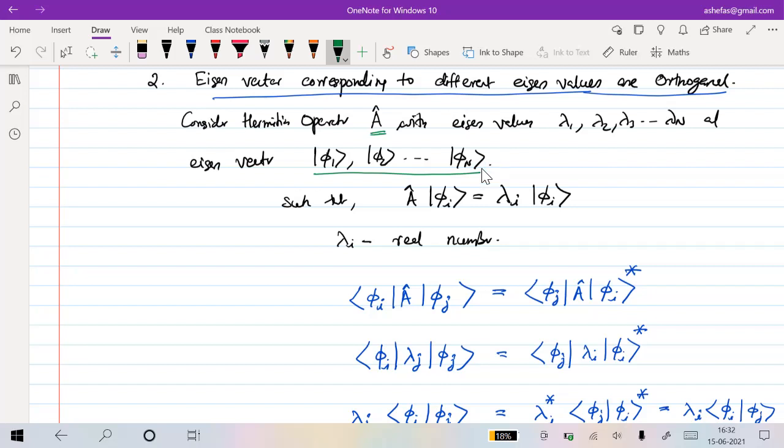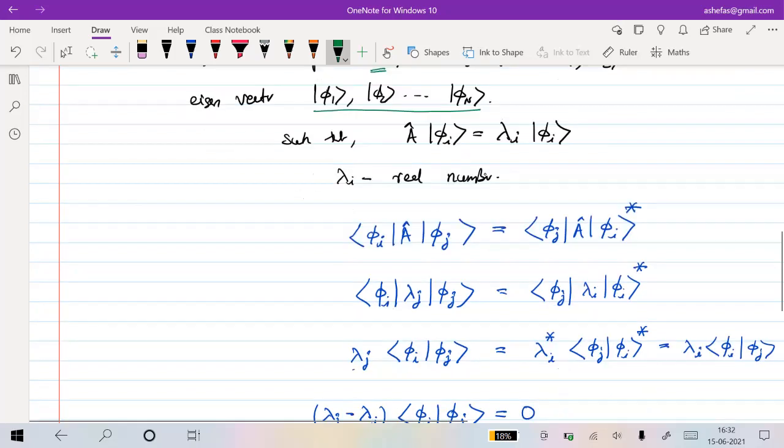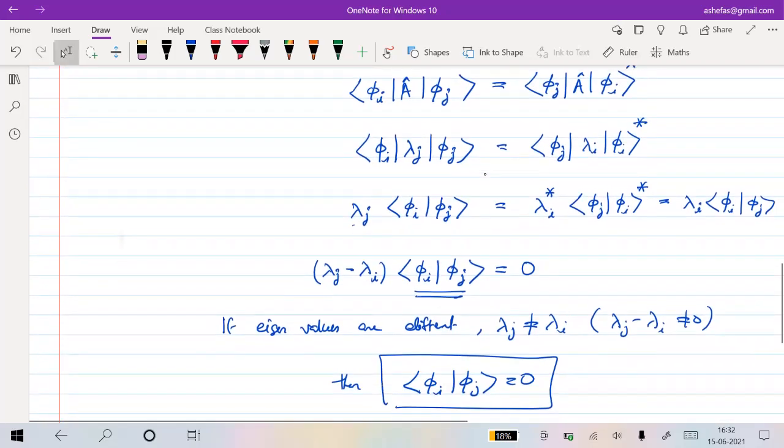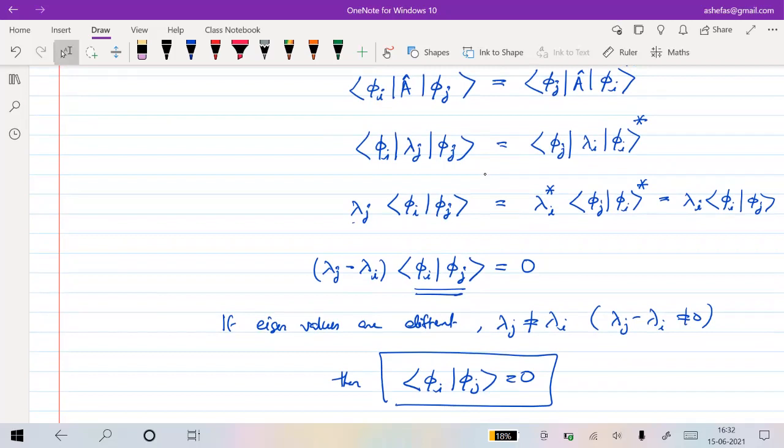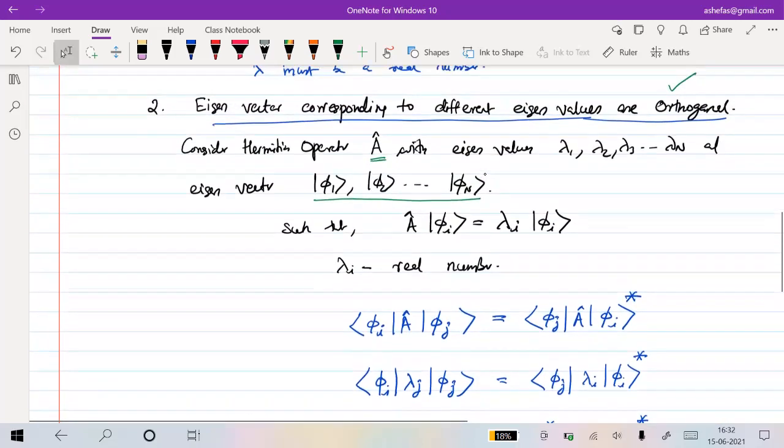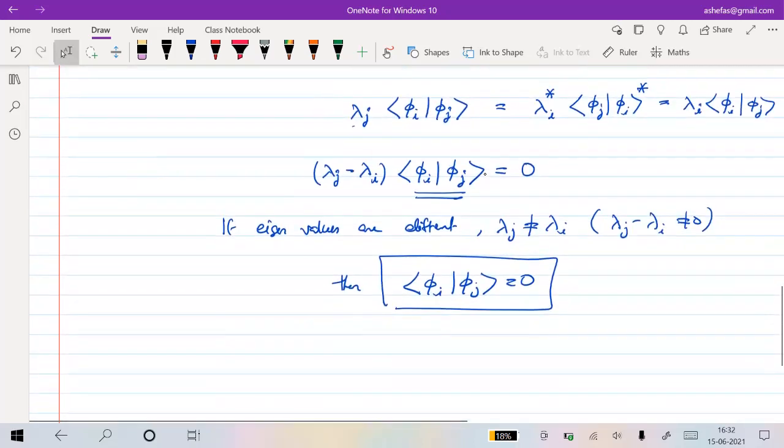So phi 1 would be orthogonal to phi 2, phi 2 would be orthogonal to phi 3, etc. And all eigenvectors would be orthogonal to each other. So that means the set of eigenvectors of Hermitian operators is nothing but a set of linearly independent vectors. Now a set of linearly independent vectors can be treated as a basis. So that is the third property of the Hermitian operator.